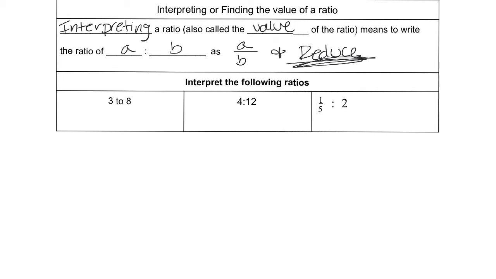Okay, you must reduce. So if I have 3 to 8, its value is 3 over 8. Okay. Same thing. Here it's 4 over 12. Those are both divisible by 4. So 1 over 3.